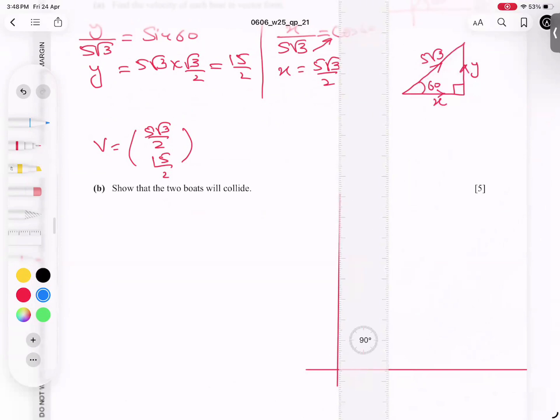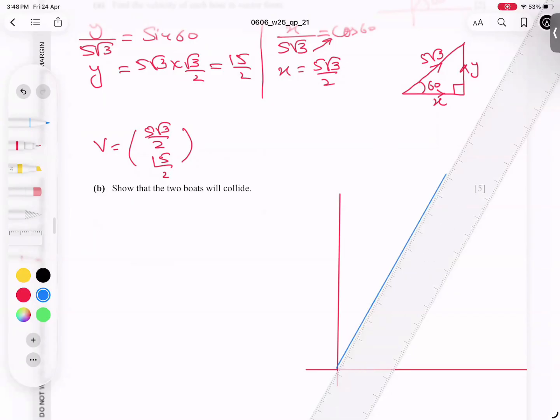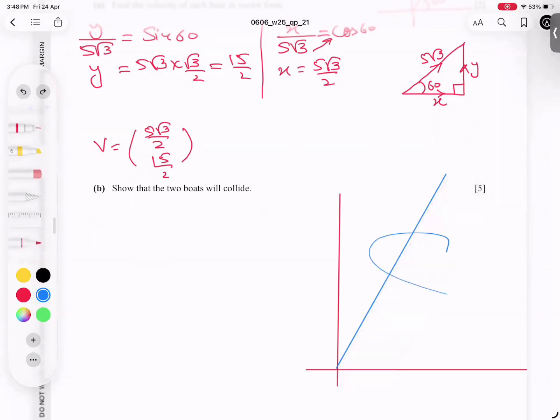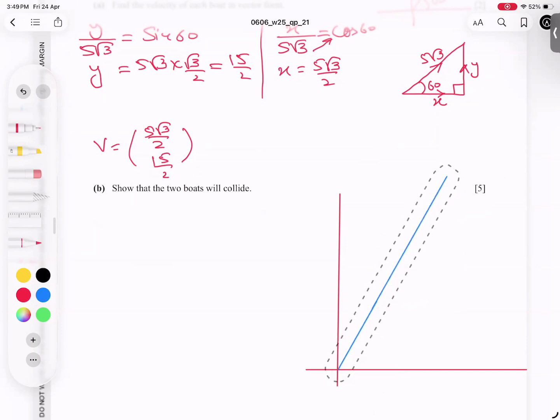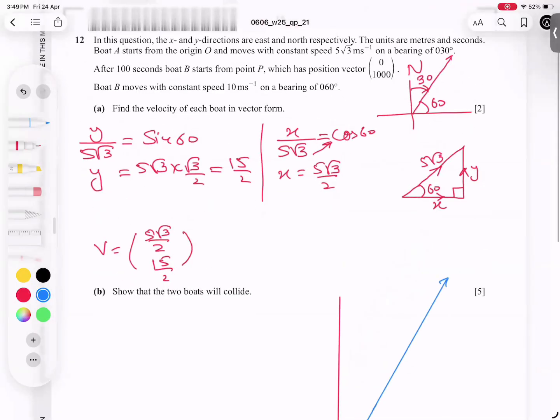This is the motion of the first particle, the A particle motion. I'm writing here the velocity of A.